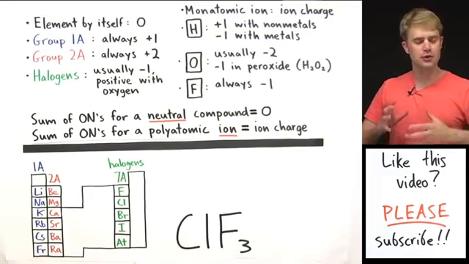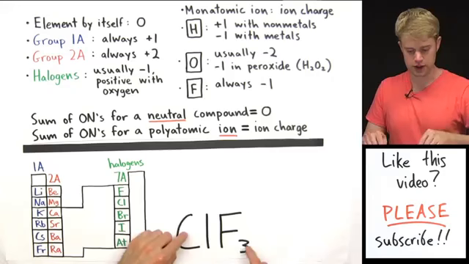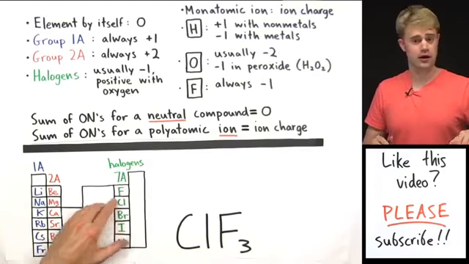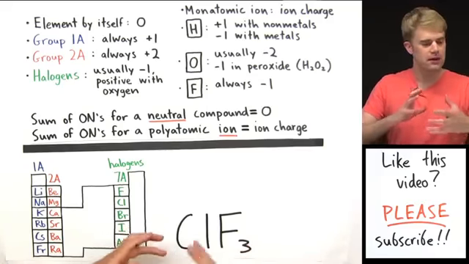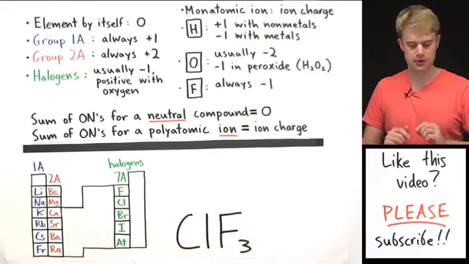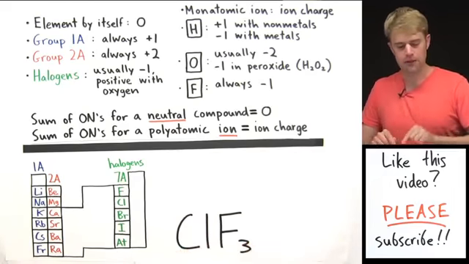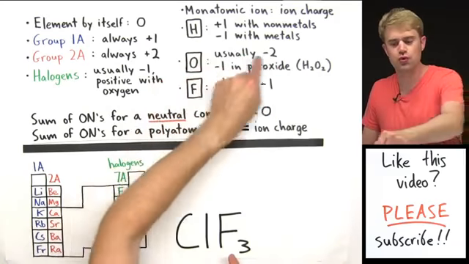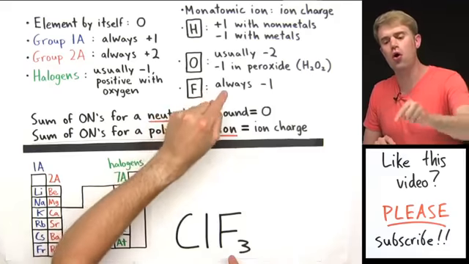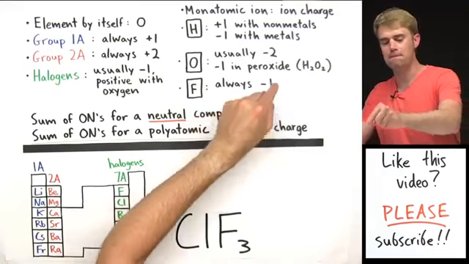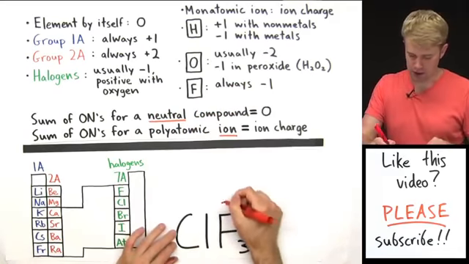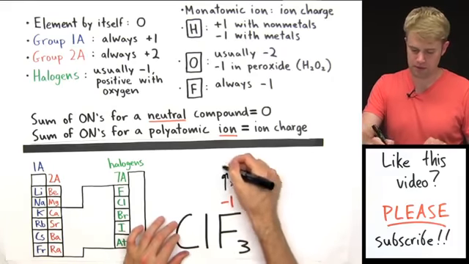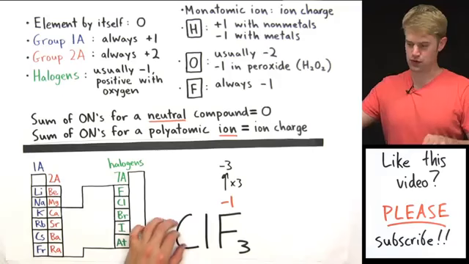ClF3. Okay, so here we have 2 halogens in the same compound. We have fluorine and chlorine. How are we going to figure this out? Well, this is one of these things that sometimes happens where fluorine combines with another one of the halogens. We're going to zero in on this rule first, that fluorine is always, always, always -1. So I'm going to put a -1 right there, multiply it by 3 because I have 3 of them, and get -3.